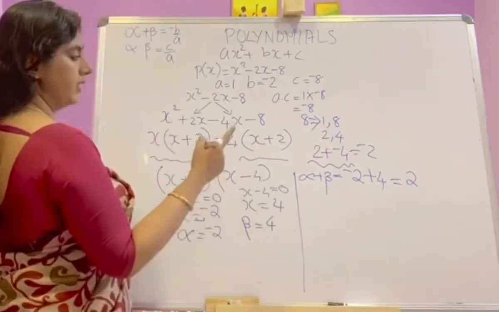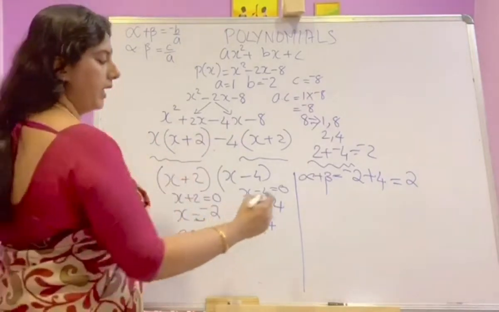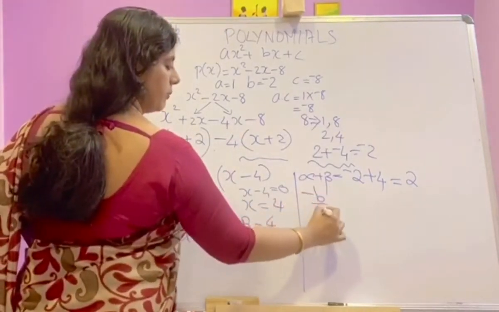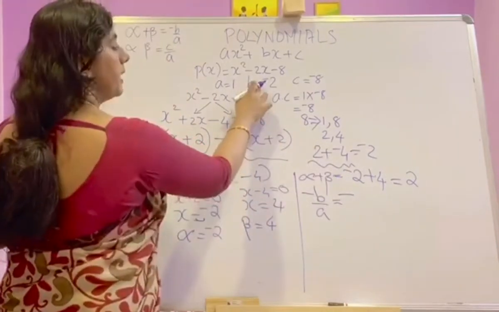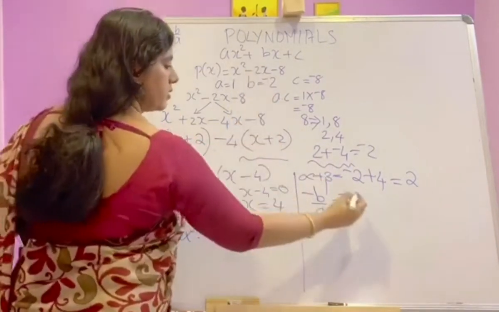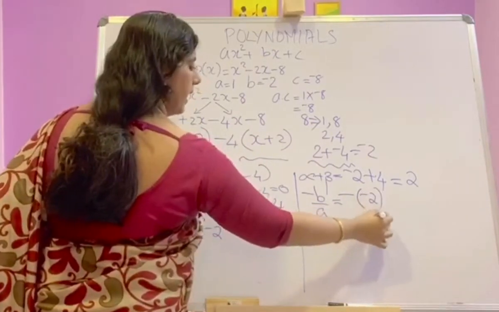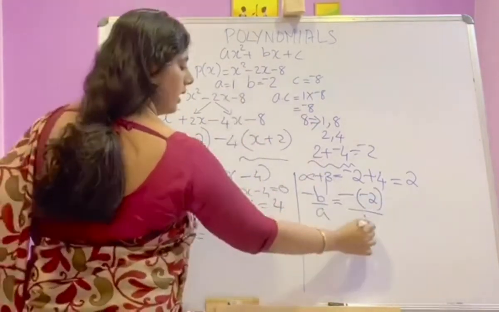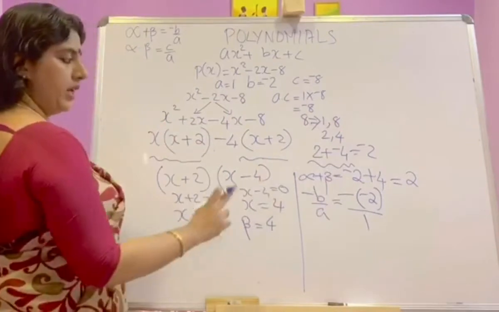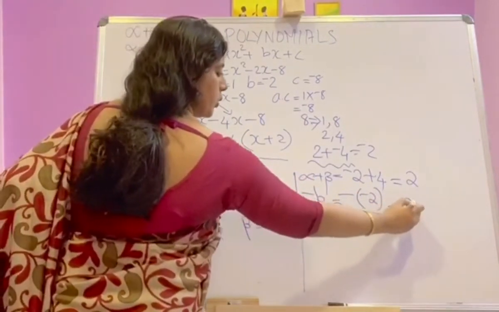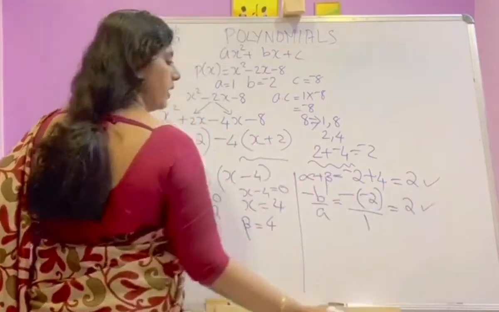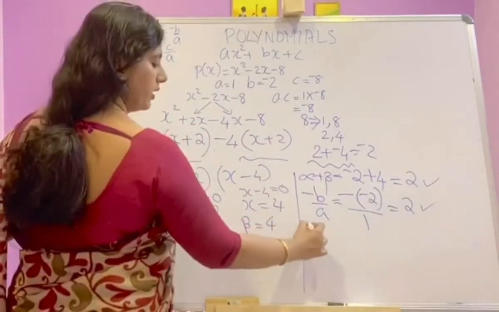Let us check whether it is equal to negative b by a. Negative b by a: what was the b? b itself has another negative. So negative of negative 2 by a, which is 1. Negative into negative, these two negatives become positive 2. Yes, it is verified.